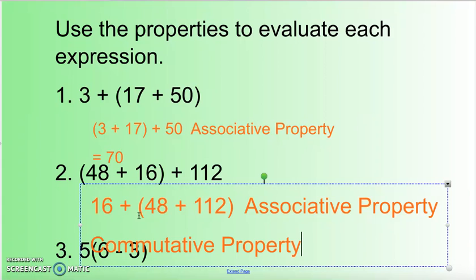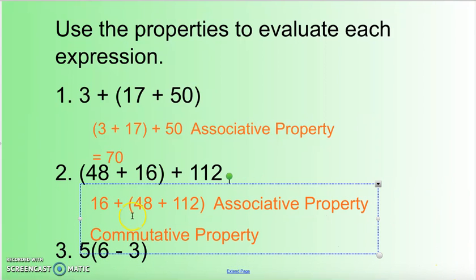I did both of them because I switched the order and I switched the group. And now I can solve it and I can find that 48 plus 112 is 160. And then if I add 160 to 16, I get 176.